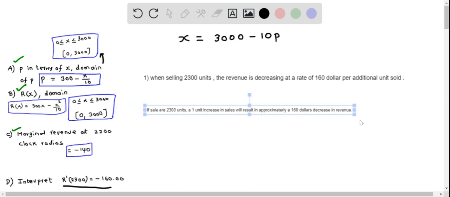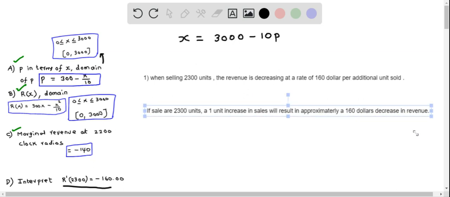So this is the other way of interpretation. That is, if sales are 2,300 units, a one unit increase in sales will result in approximately a $160 decrease in revenue. So this is the interpretation of R prime of 2300.